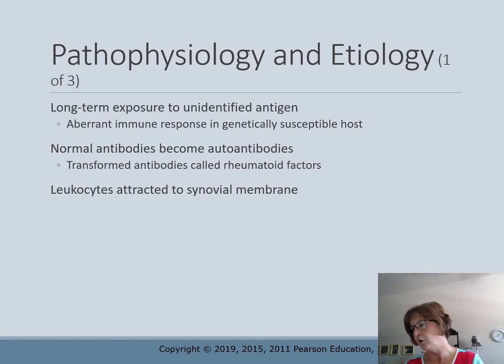And so they see your body as something foreign, and they don't know what triggers this either. The transformed antibodies usually present in individuals with RA are called rheumatoid factors. The self-produced antibodies bind with their target antigens in the blood and the synovial membranes, forming immune complexes.